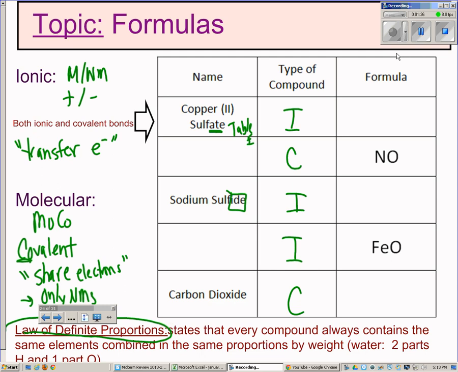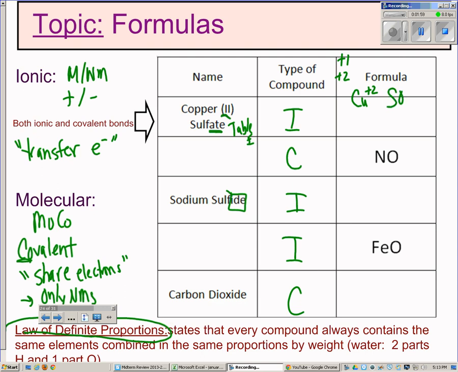We see that the first one says it's copper, so we write the symbol Cu. It has a Roman numeral 2. That Roman numeral corresponds to the charge. Notice that copper, if you look on the periodic table, can have a +1 or a +2 charge. Well, how do I know? It's the +2 because it's copper 2.